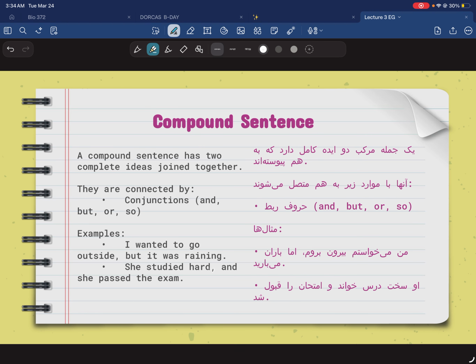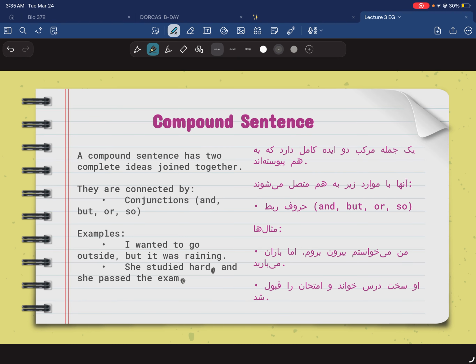Because if we said, she studied hard, period, she passed the exam, those are still two complete sentences, but when we use conjunctions like and, but, or, so, it helps us have a better idea of this.